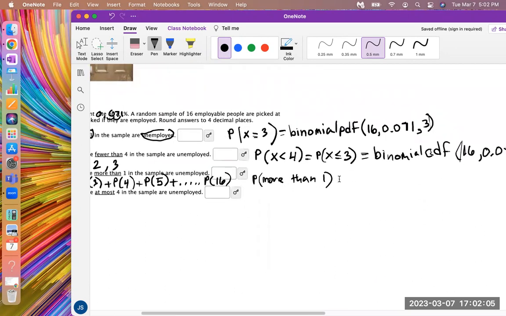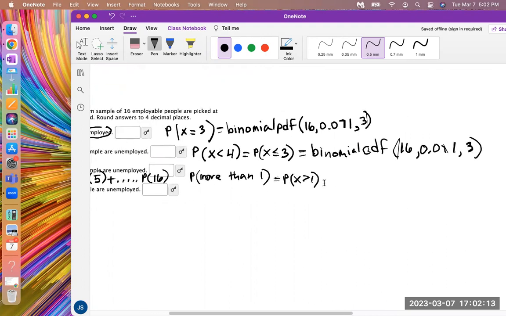Another way of saying that is the probability that X is greater than 1. That is equal to 1 minus the probability that X is less than or equal to 1. So if I want to find the probability of X less than or equal to 1, that is equal to binomial CDF.